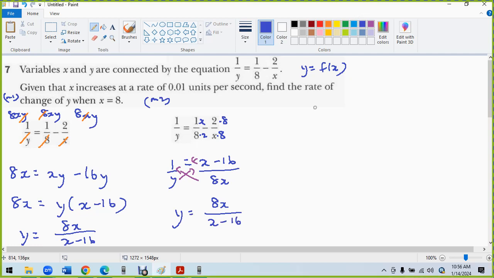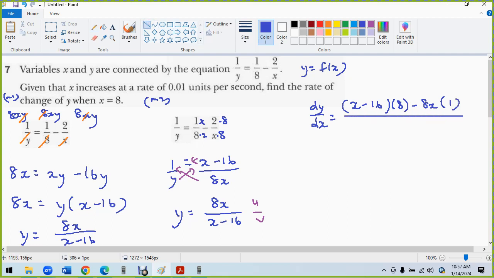So we can find dy/dx here. So this is actually u over v. So we have (x minus 16) multiply with 8 minus 8x times 1, and the whole thing divided by (x minus 16) squared.